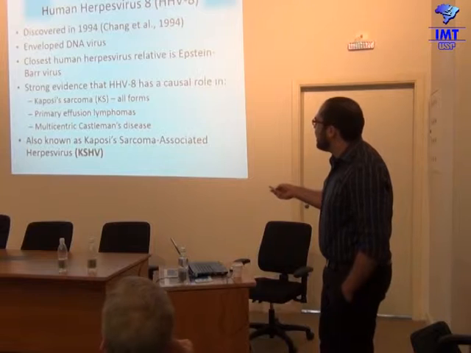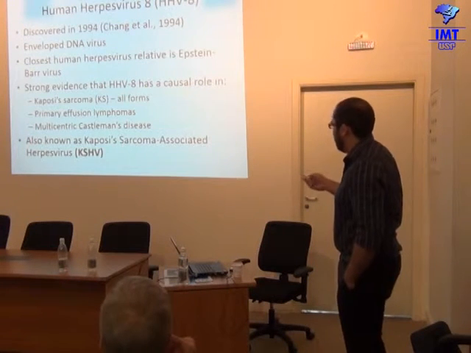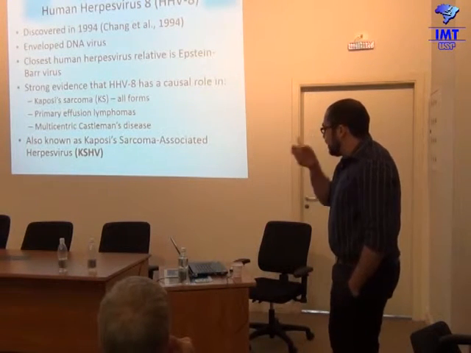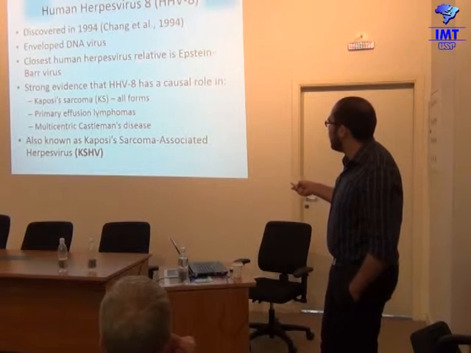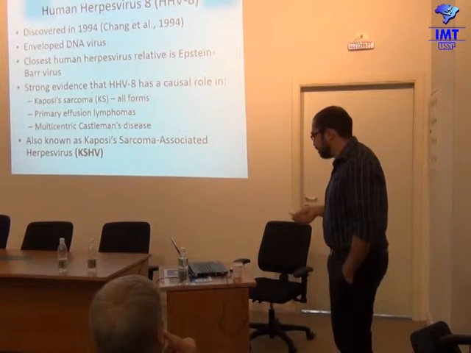HHV8 was discovered in 1994 by Chang and colleagues. This is an enveloped DNA virus, and the closest human herpes virus relative is Epstein-Barr virus.